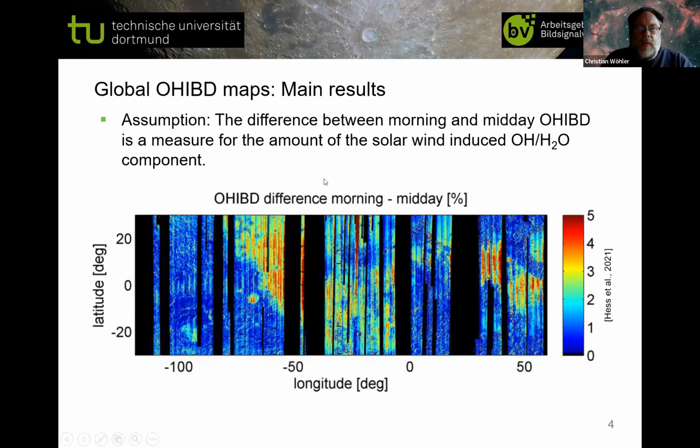And here, just as an illustration, the difference between morning and midday 3 micron band depth can be taken as a measure for the amount of the solar wind-induced hydroxyl water component, because the diurnal changes with time of day are most likely due to changes of the flux of solar wind protons, hydrogen atoms without electrons basically, which can react with oxygen in the lunar surface material to form OH and/or H2O, and H2O has been detected by Honniball et al.